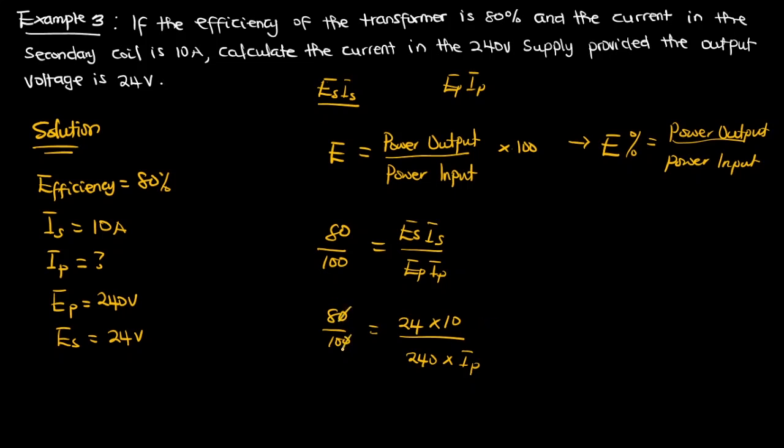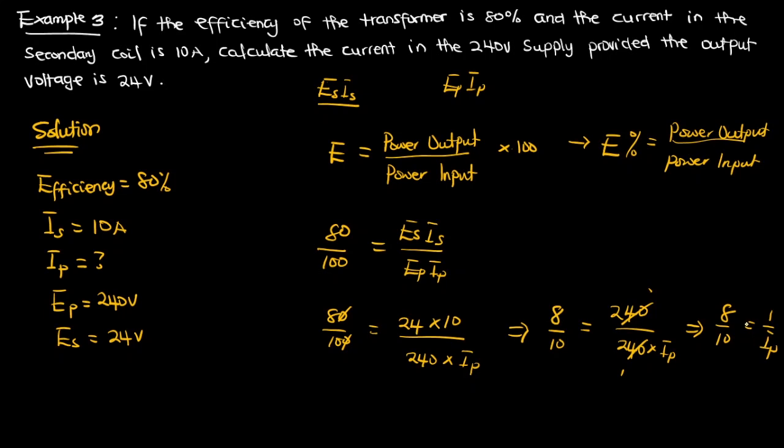From here we can do a few cancellations and get our answer. Obviously this will cancel this, so we are done with this side. On top, 24 multiplied by 10, so let me make it like this: 8 over 10 is equal to 240 over 240 multiplied by IP. This goes into itself once, so 8 over 10 is equal to 1 over IP, because this has cancelled out.